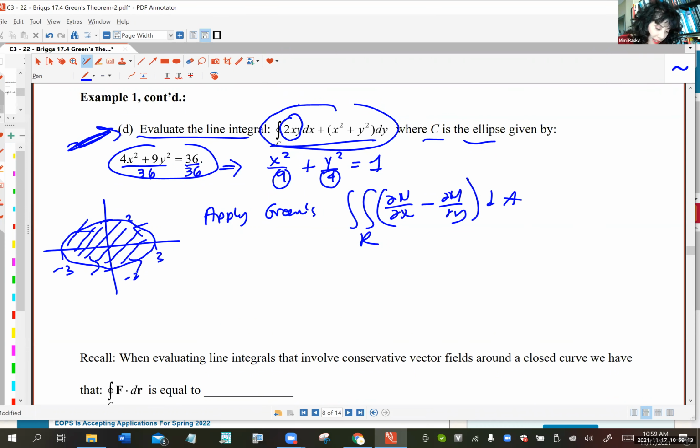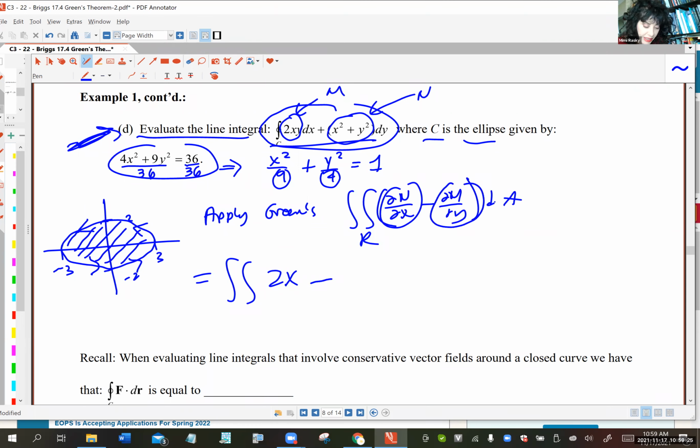So M is 2xy and N is x squared plus y squared. So dN/dx ends up being 2x minus dM/dy. Sorry, I misspoke. 2x. This one's actually easier.